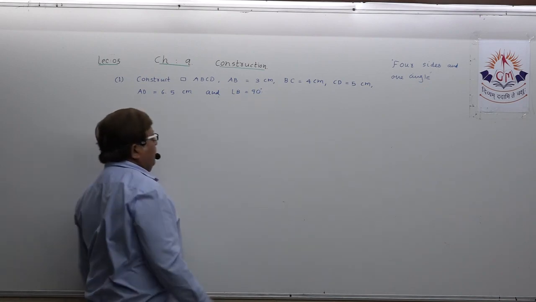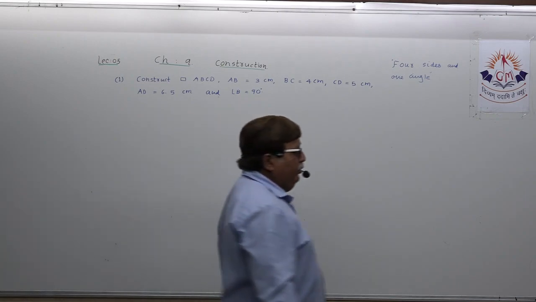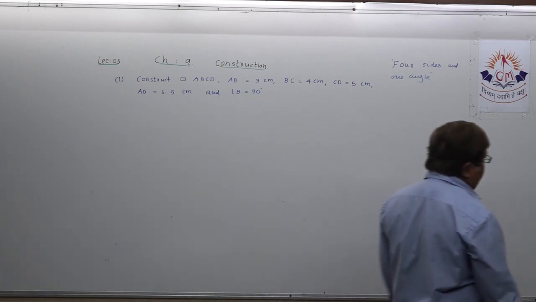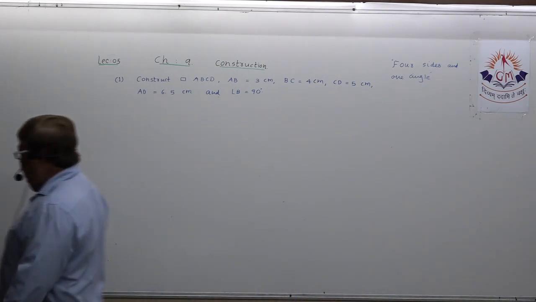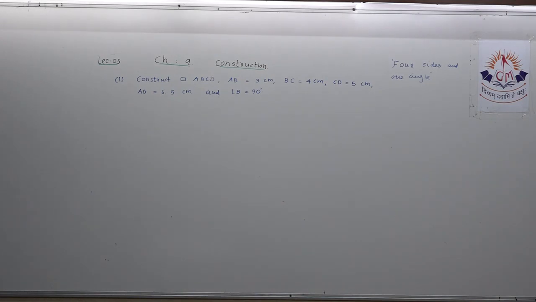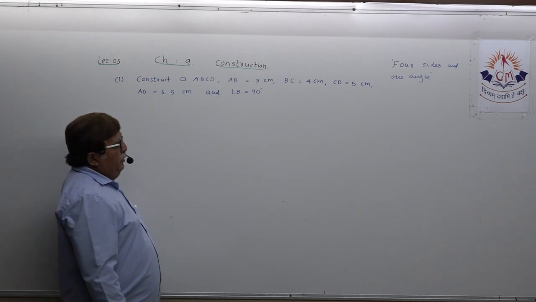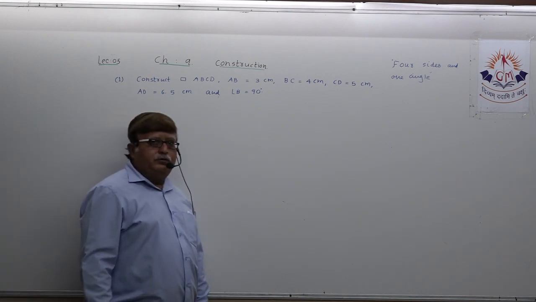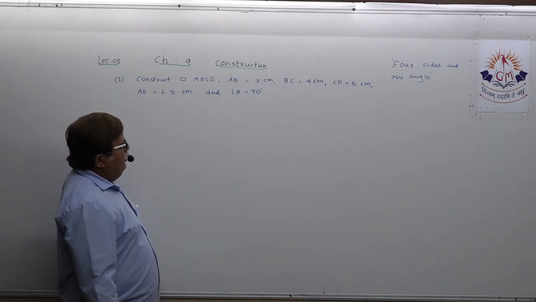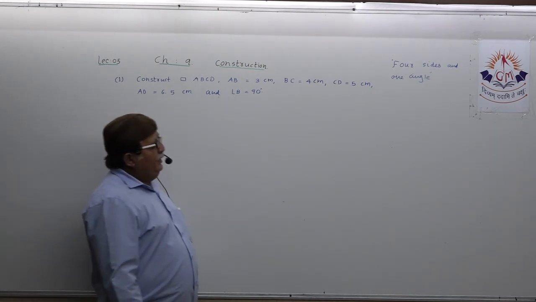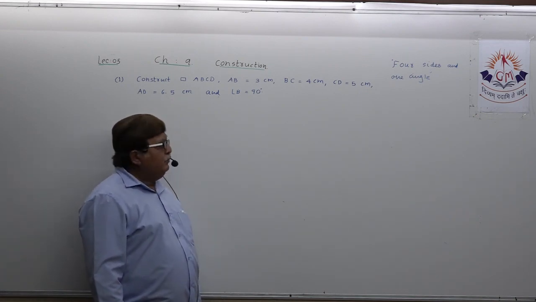Okay, dear student. First, what is important for you is to understand the given data. That's very important. In this construction of quadrilateral ABCD, what is given? You are already given 4 sides, AB, BC, CD and AD, and at the same time you are also given an angle.